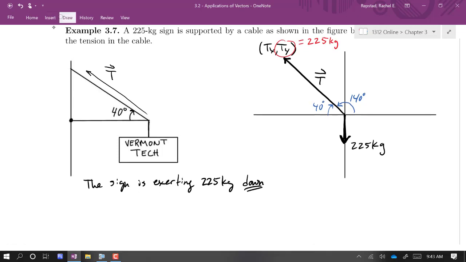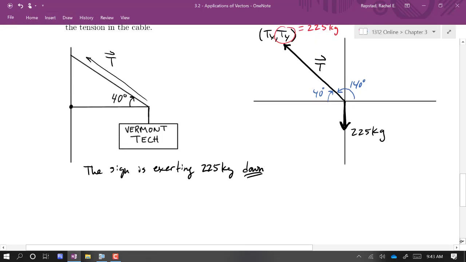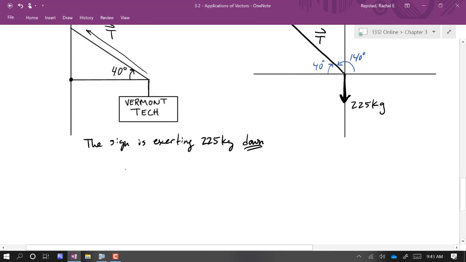And that's the relationship that we're going to use. So since the sign is exerting 225 kilograms straight down, we know that ty has to be 225 kilograms positive, straight up.